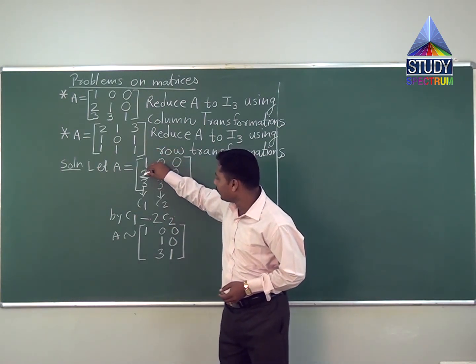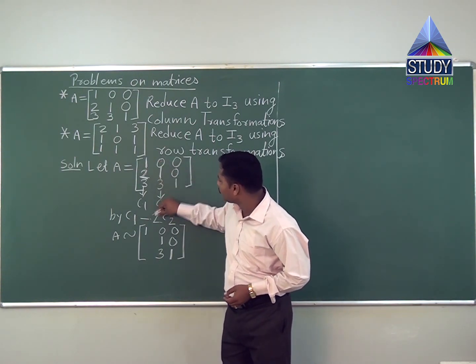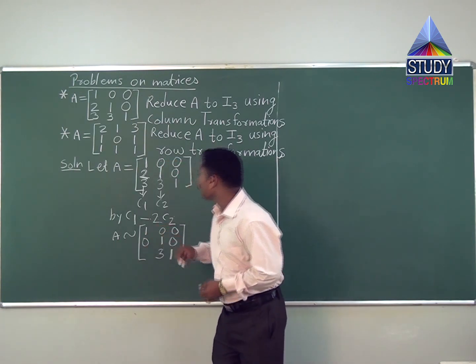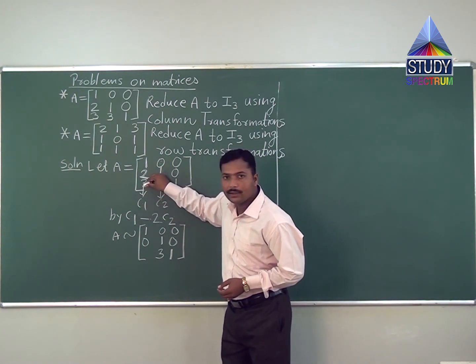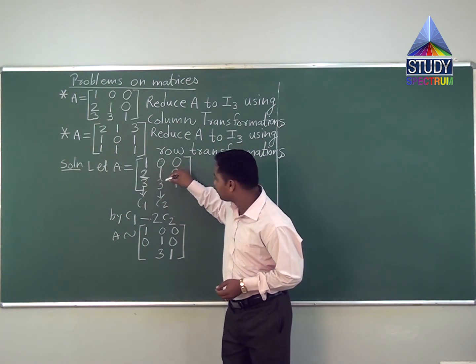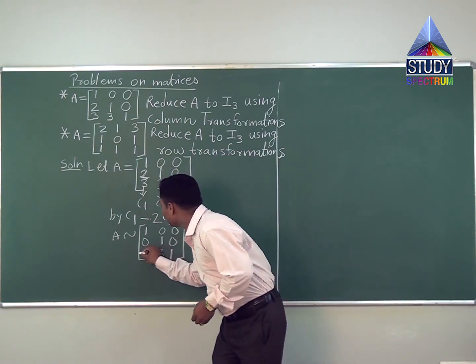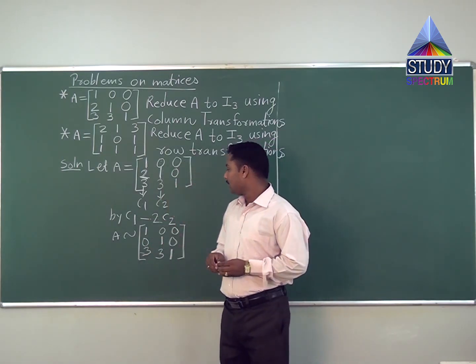C1 is 2 minus 2 into 1, 2 minus 2, 0. And lastly C1 is 3, 3 minus 2 into 3, 3 minus 6, minus 3.